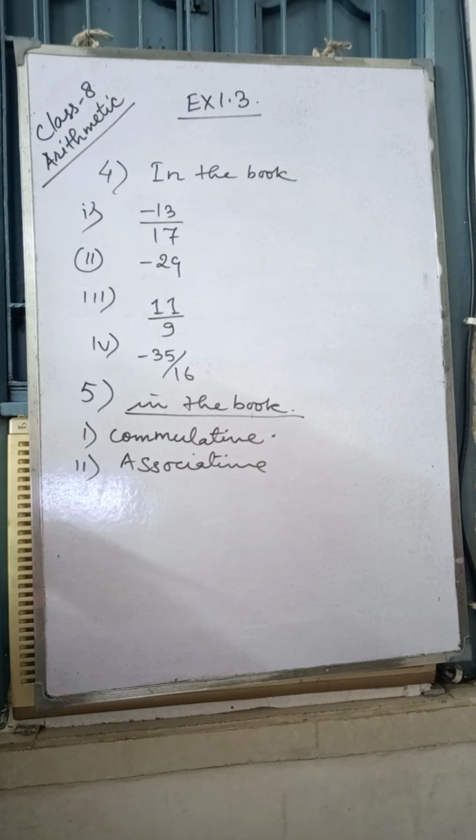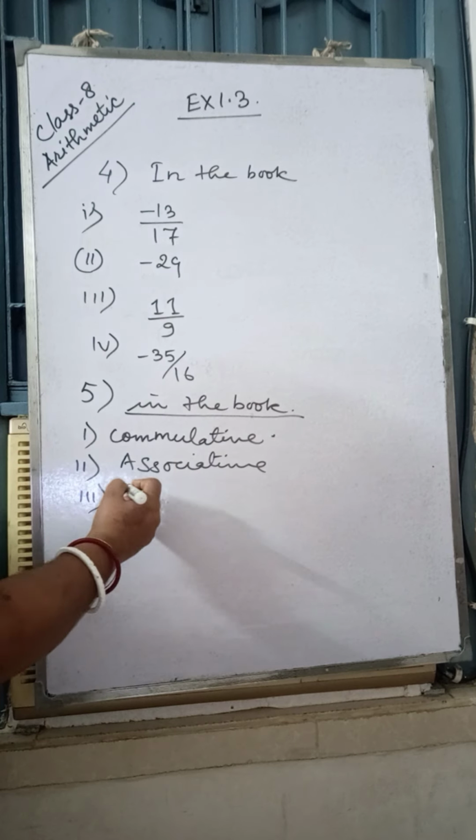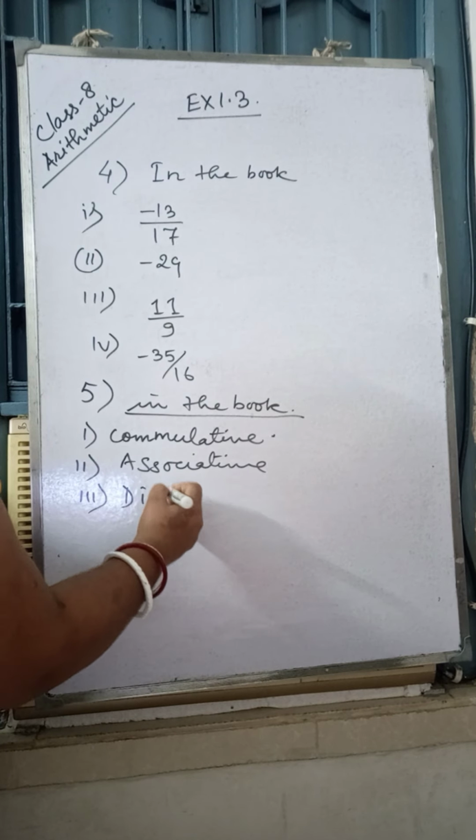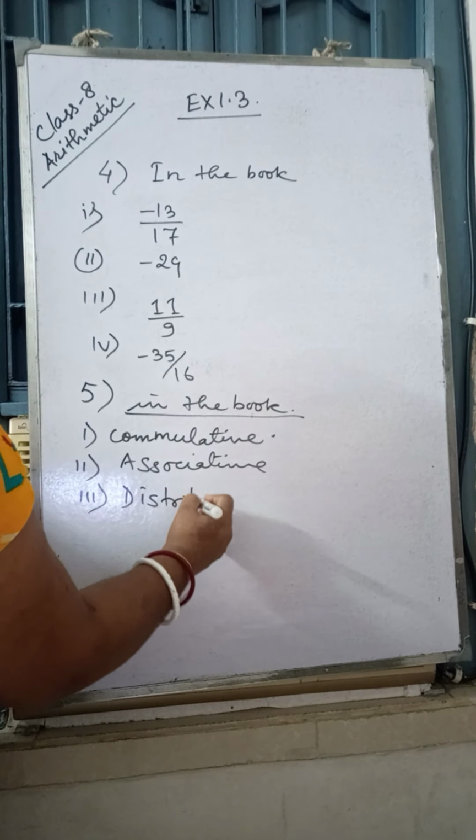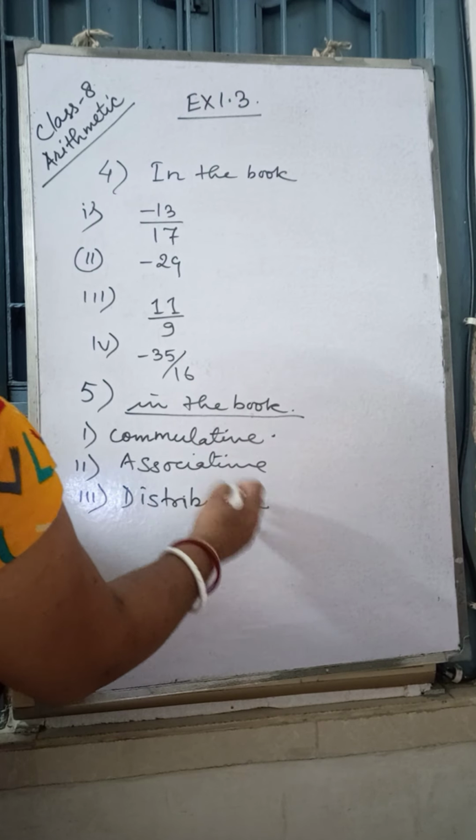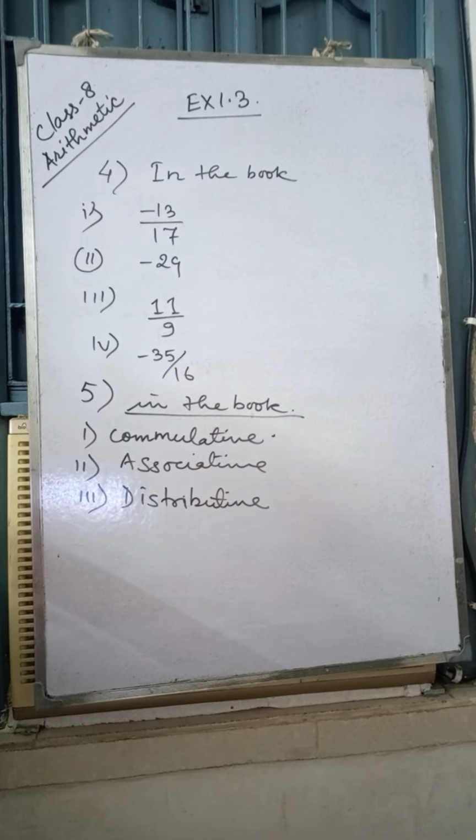Third one you can see it is distributive property over addition. Number 4, when a number is multiplied with its reciprocal, it gives you 1.